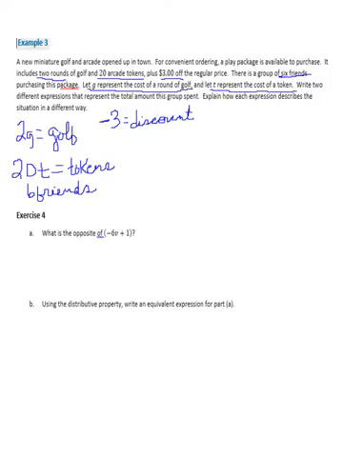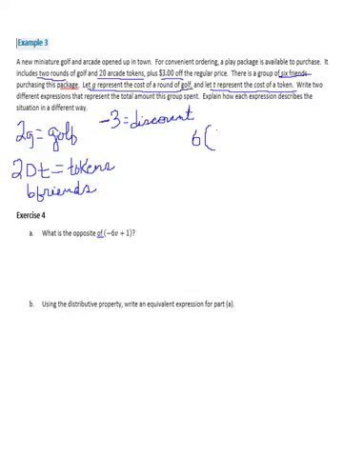So my first expression would be, since there are 6 friends, and each person has to pay the same amount, we're going to multiply that 6 times all of this other stuff, okay?